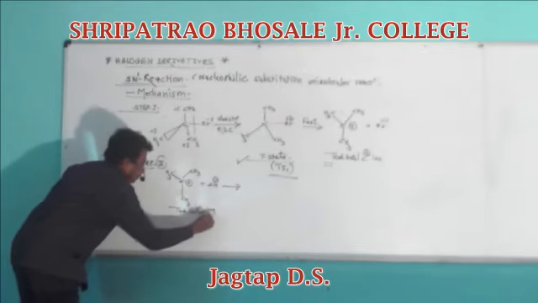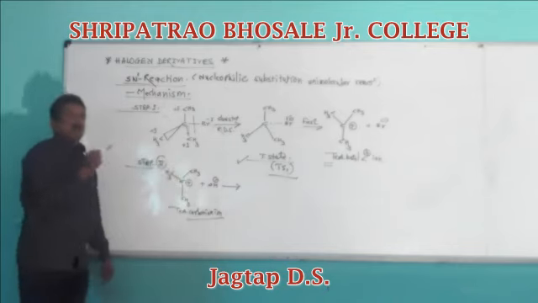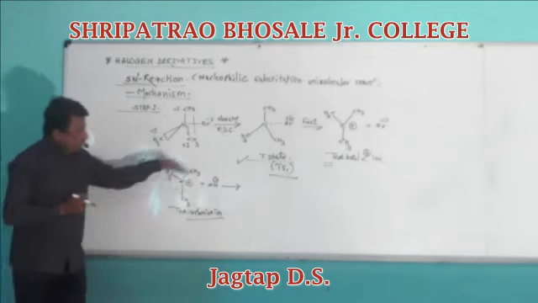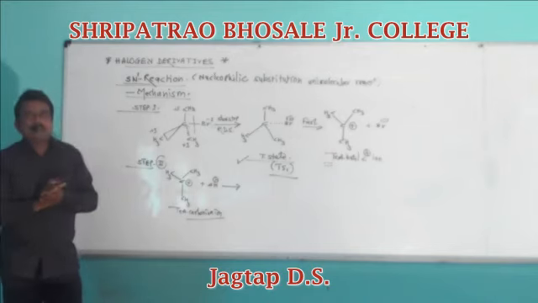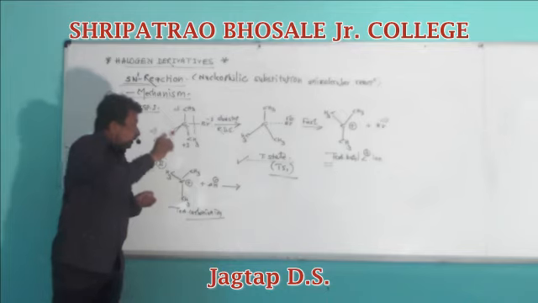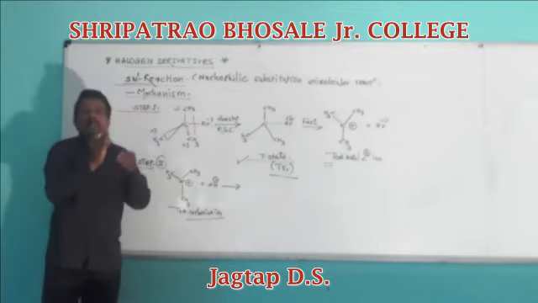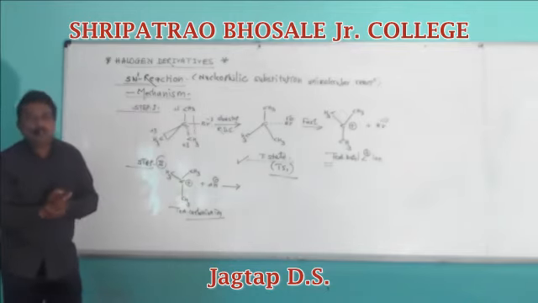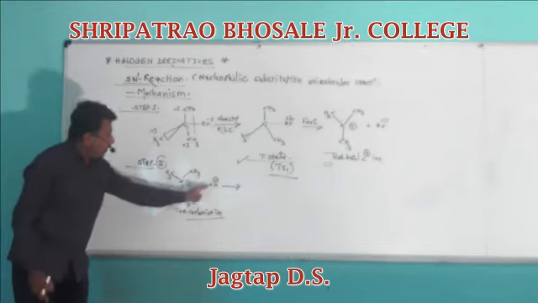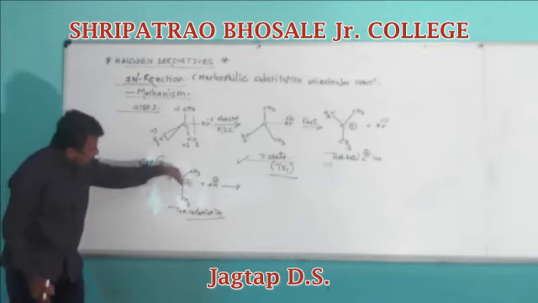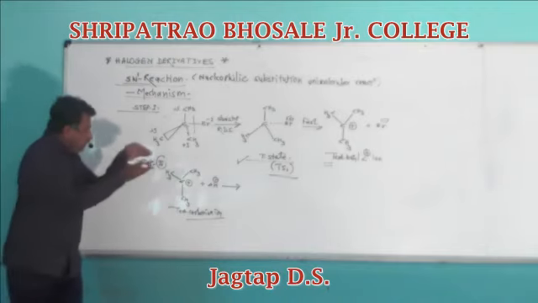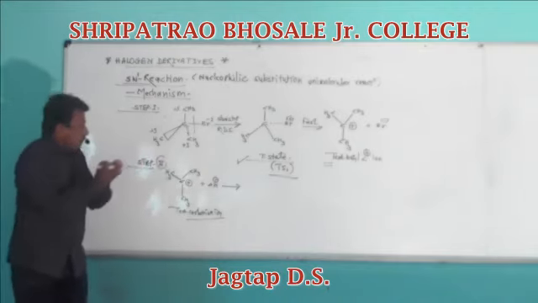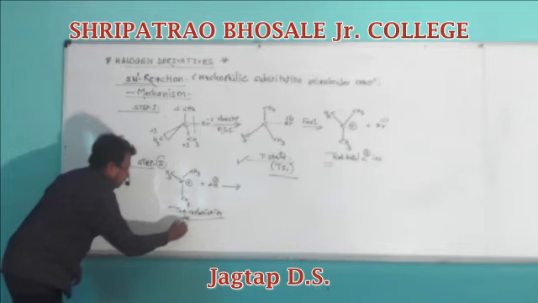We know nucleophiles are the negatively charged ions or neutral molecules containing an electron rich center and attracted towards electron deficient center. Here nucleophile OH minus approaches towards electron deficient tertiary butyl carbonium ion.